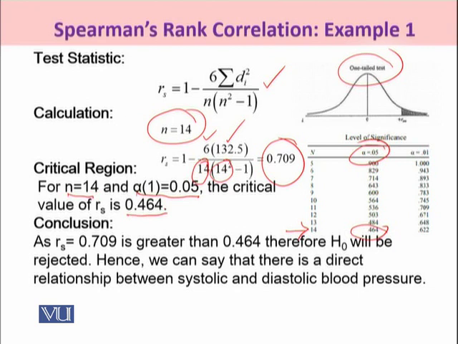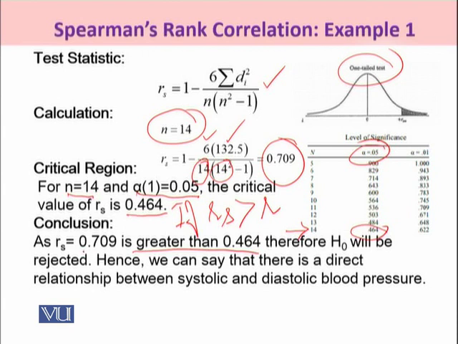Your calculated value, students, was 0.709. As you can see, it is greater than 0.464. Under the critical region, if our calculated value of rs is greater than our critical value, then we would be rejecting our null hypothesis.